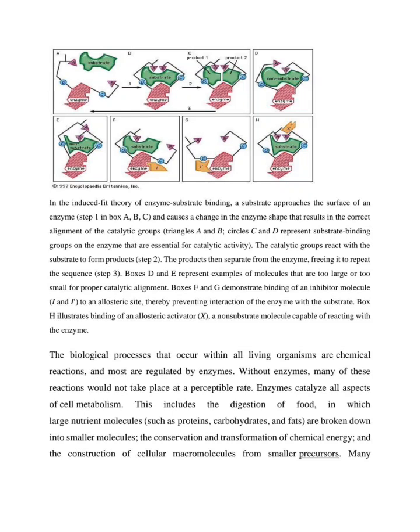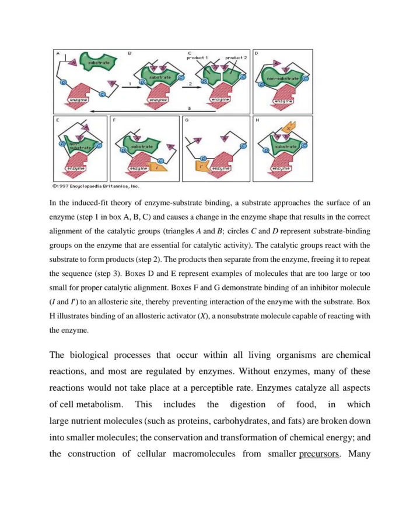Triangles A and B, circles C and D represent substrate binding groups on the enzyme that are essential for catalytic activity. Step 2 indicates catalytic groups react with the substrate to form products, and step 3 indicates products then separate from the enzyme, freeing it to repeat the sequence.